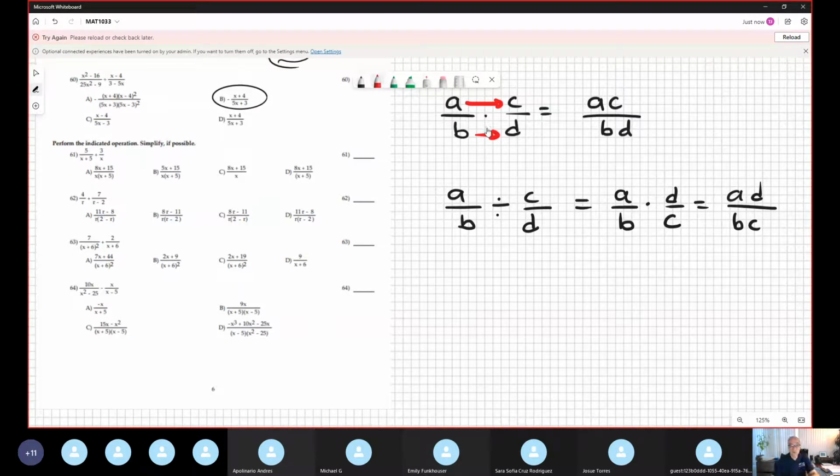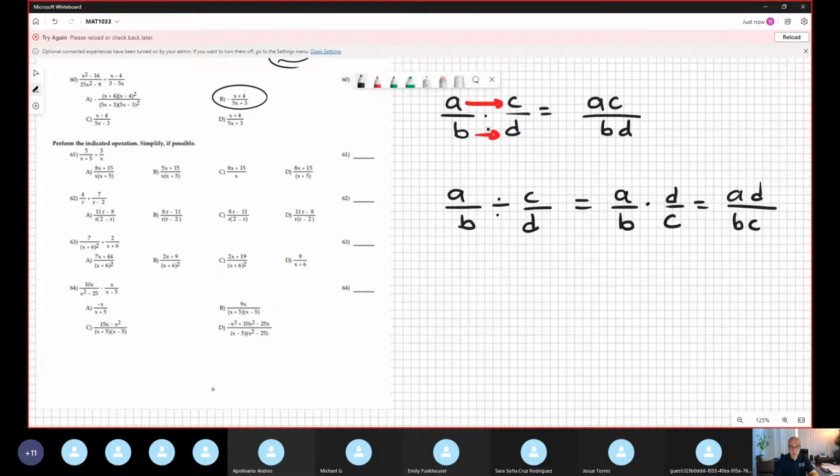Some students memorize this. I don't like this. I like to flip it to see clearly that it's multiplication.